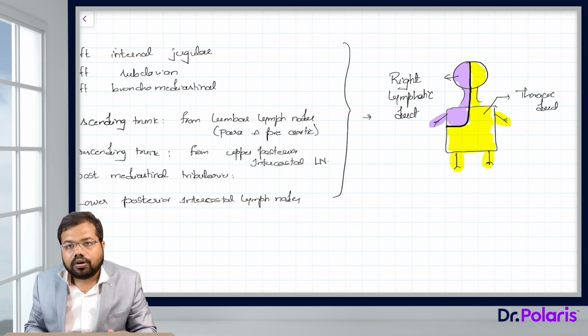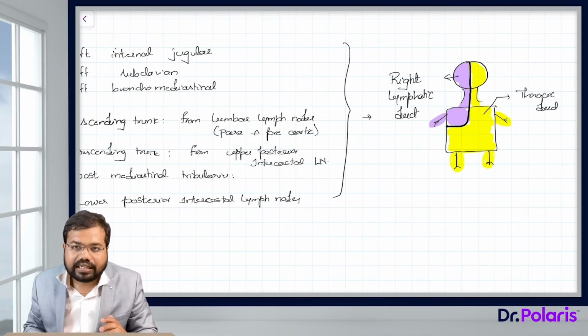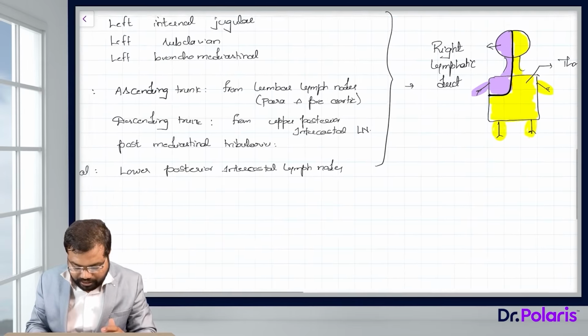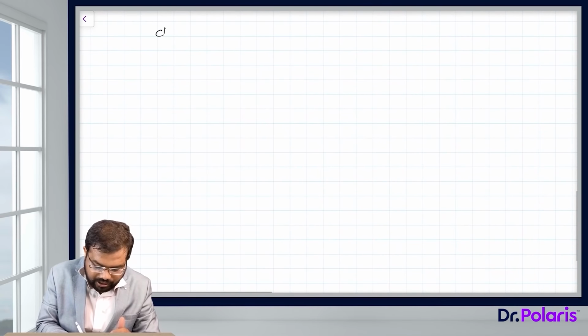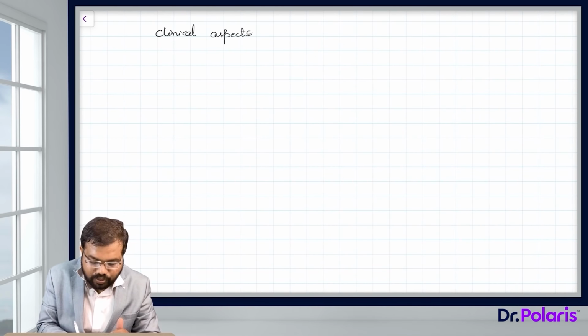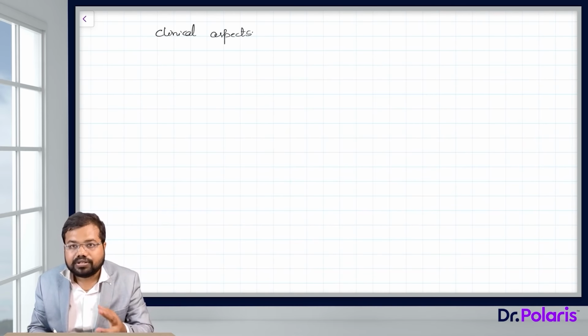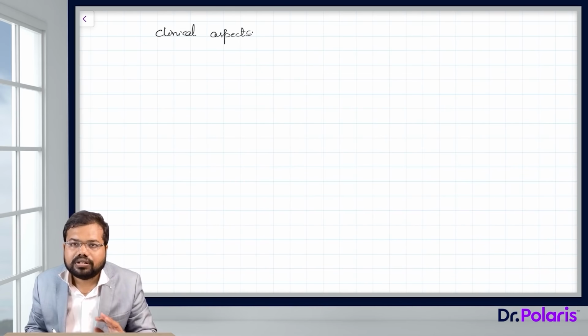Now we will be shifting to the thoracic duct and its clinical aspects. The next session is regarding the clinical aspects. During surgeries, the posterior mediastinum surgery is somewhere related to that. The thoracic duct is very minute and there is a chance of rupture of this thoracic duct during surgeries.